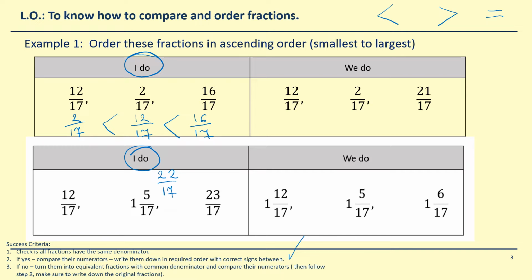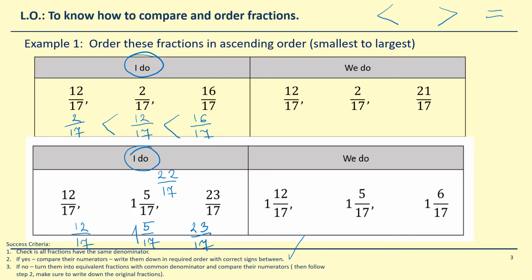So the smallest one is 12 over 17, then the next one is 22 over 17, but I will not write 22 over 17. I will write it in its original form of 1 and 5 over 17, and the largest one is 23 over 17.